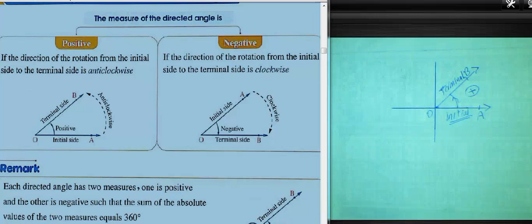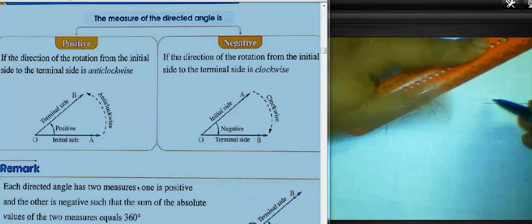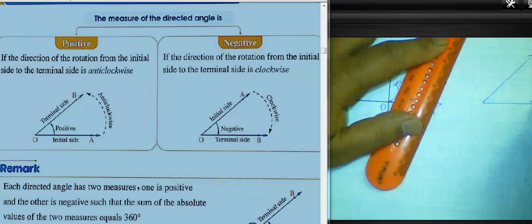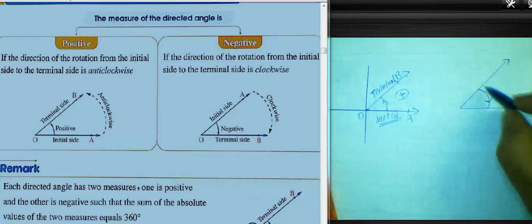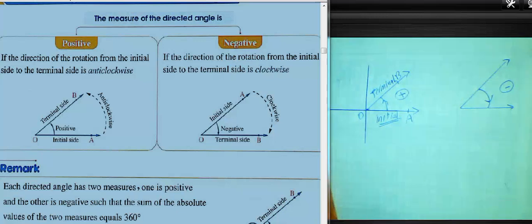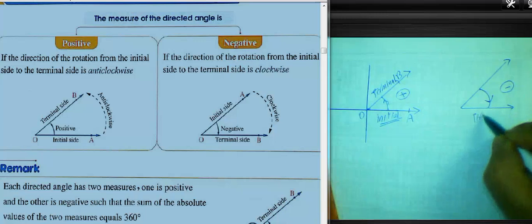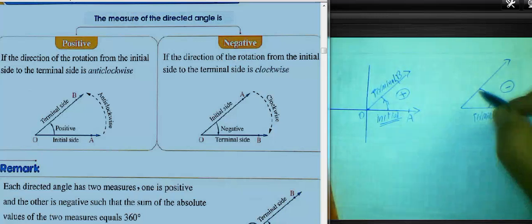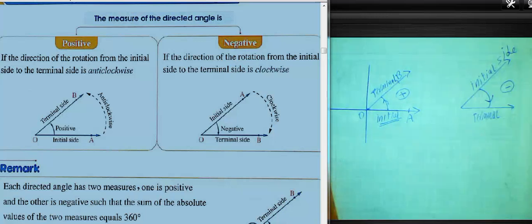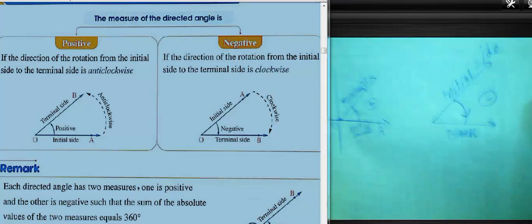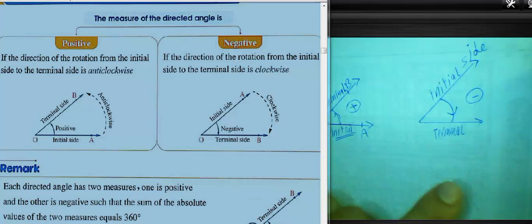But if the direction of the directed angle is coming clockwise, the sign will be negative. It's easy for you. This is the terminal side, and this is the initial side. You see it coming from initial side to terminal side.